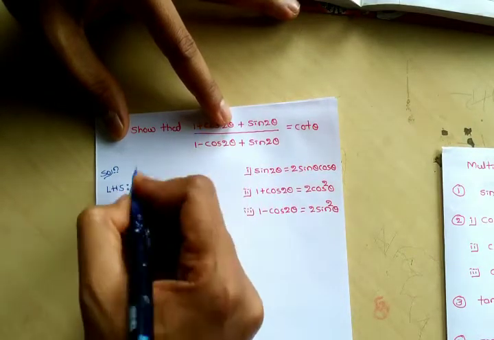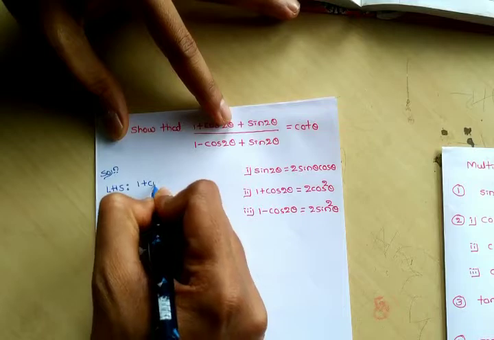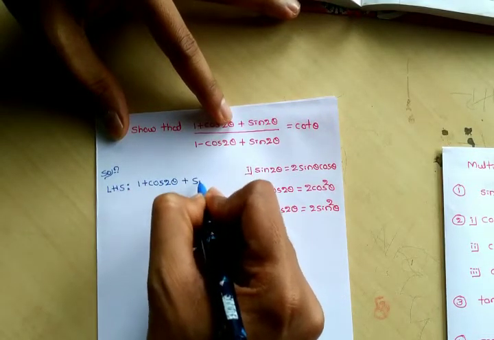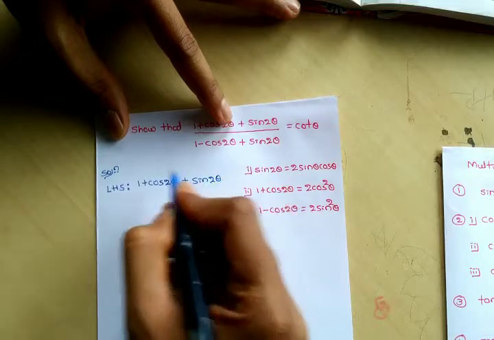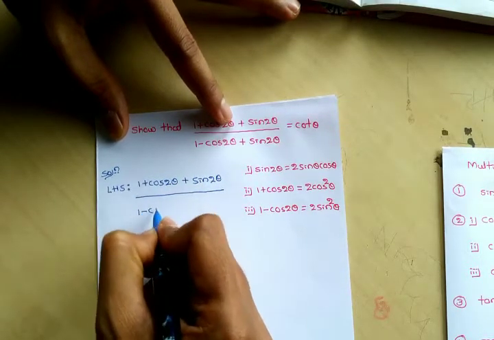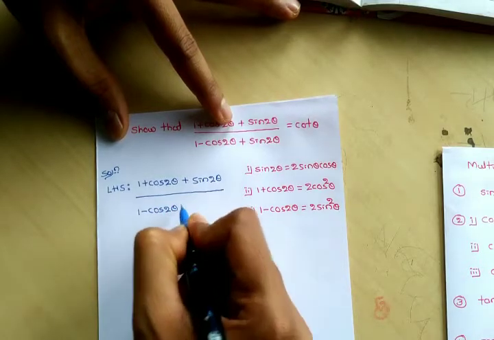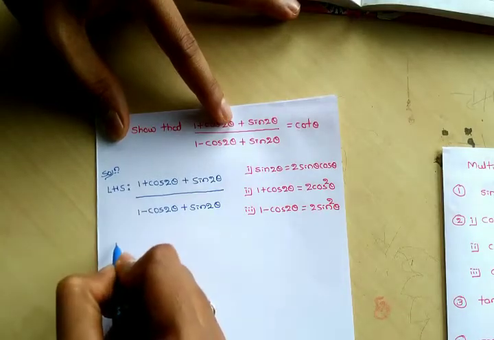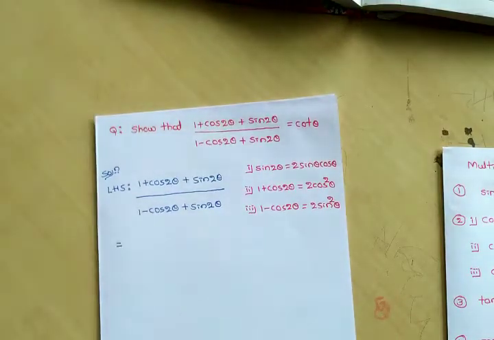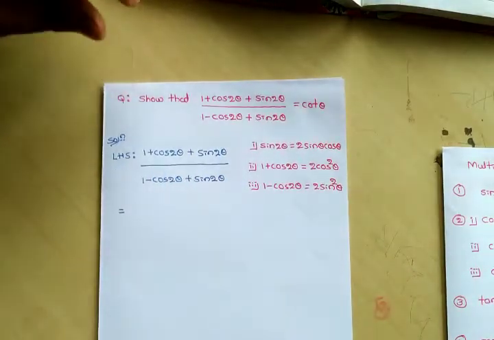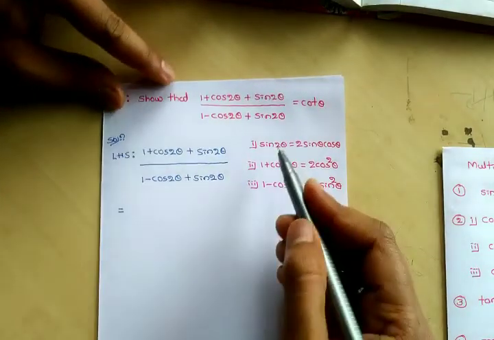What is the left hand side? 1 plus cos 2 theta plus sin 2 theta divided by 1 minus cos 2 theta plus sin 2 theta. By applying the formulas only, you can simplify this.